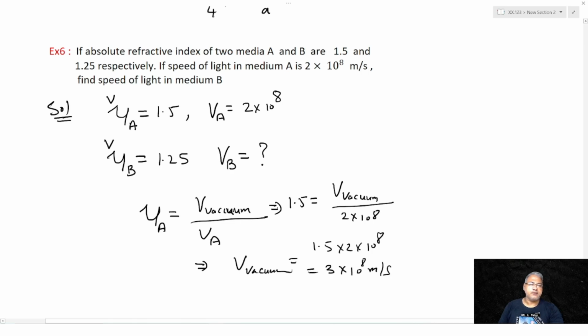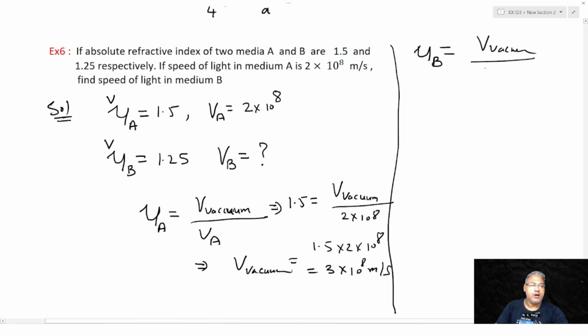meter per second. Now after this we will use this relationship: we came to know the velocity of light in vacuum is 3 into 10 raised to 8 meter per second. Now again we use the absolute refractive index of medium B, which equals the velocity of light in vacuum upon the velocity of light in medium B. The refractive index is given as 1.25 and the velocity of light in vacuum is 3 into 10 raised to 8.